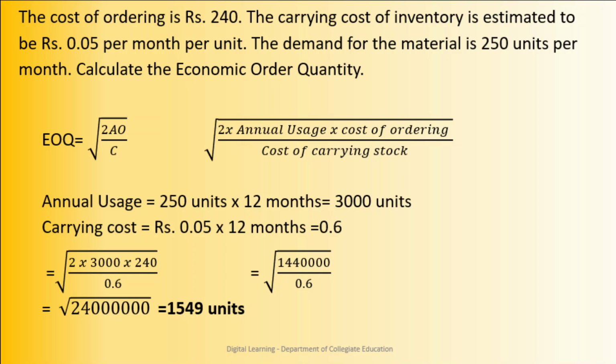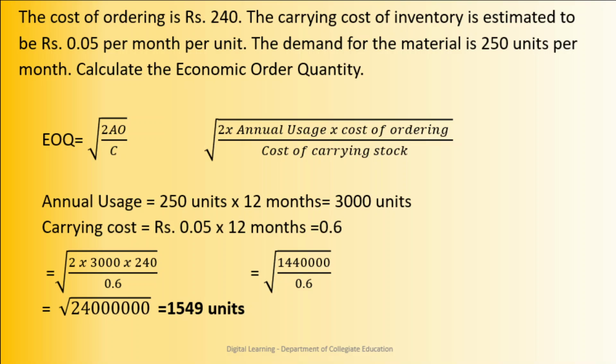Since the demand for material is given as 250 units per month, first let's calculate the annual usage. For 1 month, it is 250 units; for 12 months, it would be 3000 units.